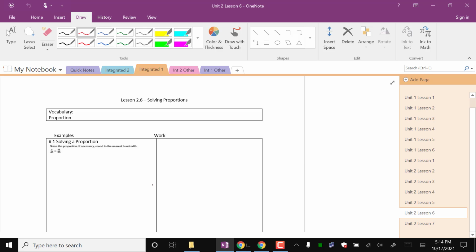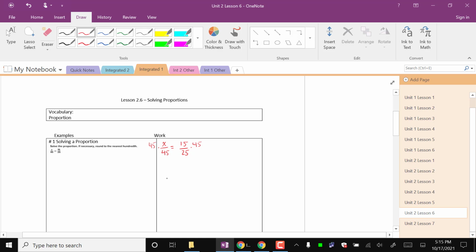Our proportion is x over 45 equals 15 over 25. So we've been doing a lot of work with solving equations. When we have x dividing by a number, we know that what we want to do is undo that division. So to undo that division, I'm going to multiply both sides by 45.